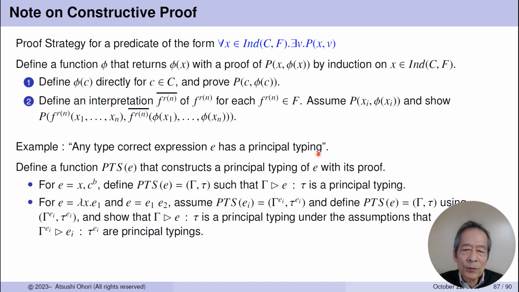This we have just proved by defining this PTS algorithm, and PTS algorithm does construct some value, in this case principal typing, and then for each case the principal typing has desired property. So this is a comment on the typical proof structure often used. So this is just a comment.